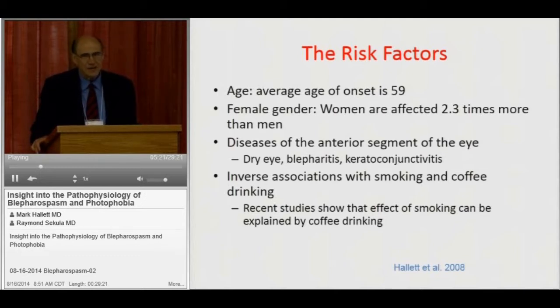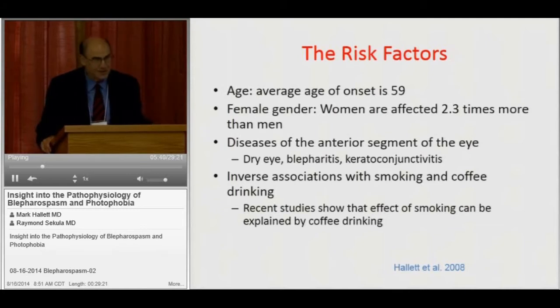Now, this is interestingly also the case in Parkinson's disease. So people that drink more coffee are less likely to get Parkinson's disease. And why this is the case is not clear. People speculate about it, but we don't really know exactly why that's the situation.